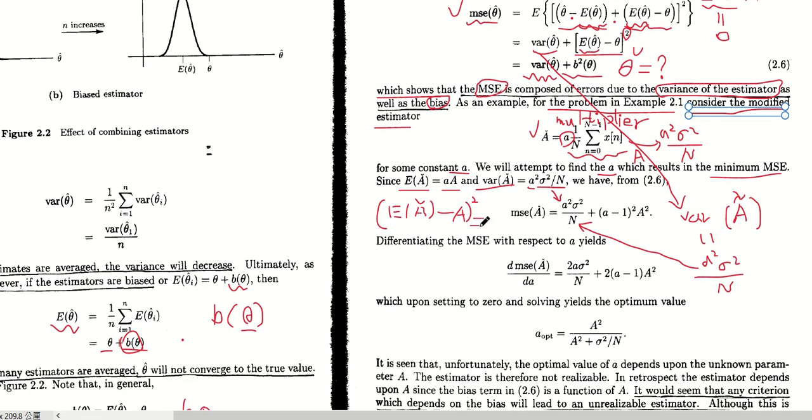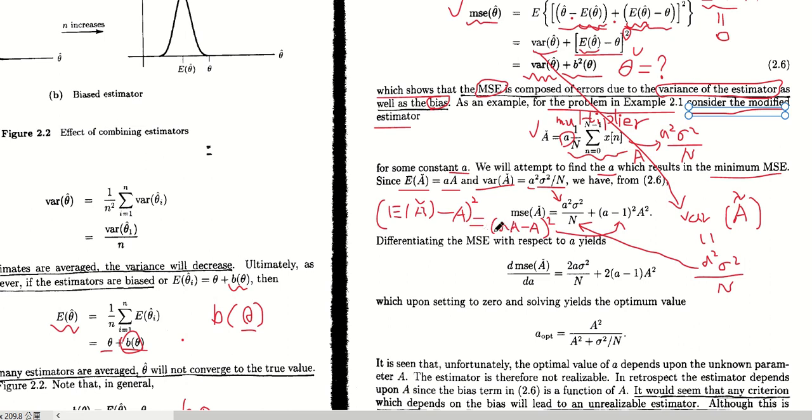Then it becomes a A minus A, and then squared, and then it goes to here, right?